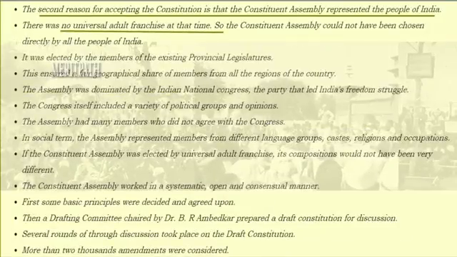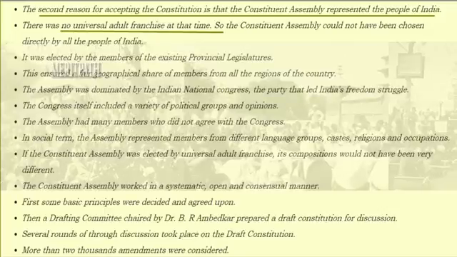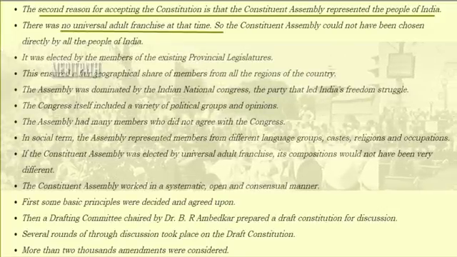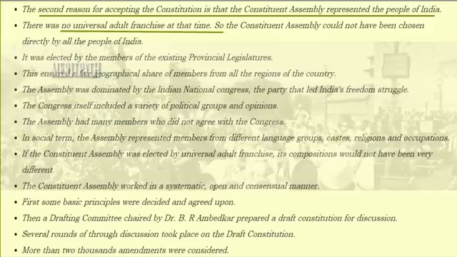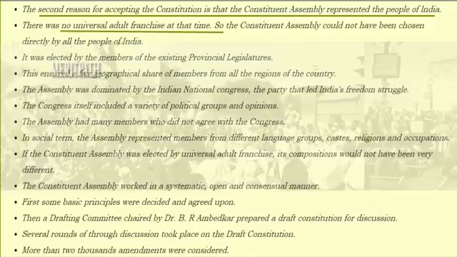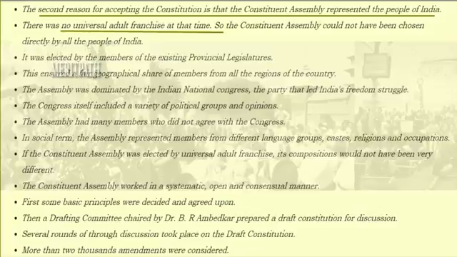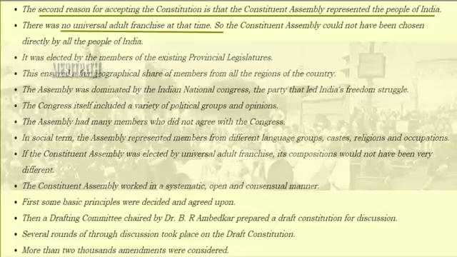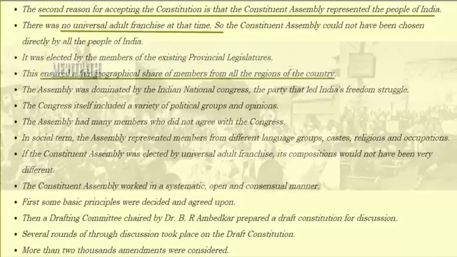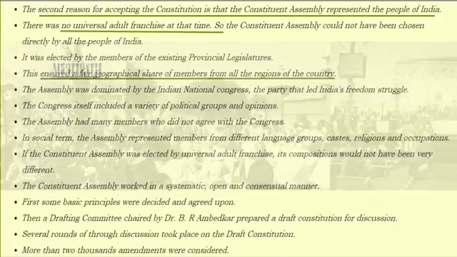The second reason for accepting the Constitution is that the Constituent Assembly represented the people of India. There was no universal adult franchise at that time, so the Constituent Assembly could not have been chosen directly by all the people of India. It was elected by the members of the existing provincial legislatures, and this ensured a fair geographical share of members from all the regions of the country.